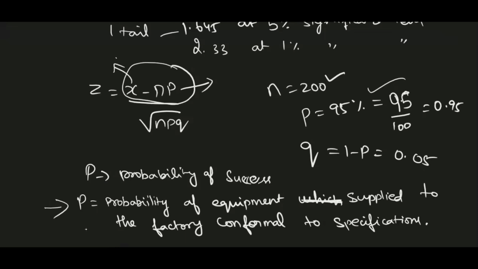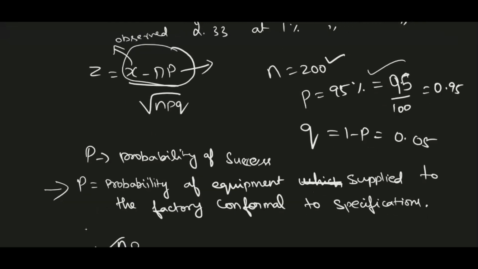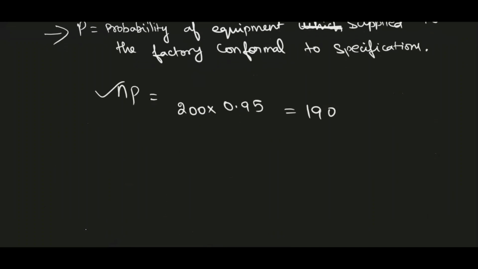Here x is what we actually observed. So np is 190 as per the calculation, and the expected number of equipments according to the specification needs to be 190. But what is the actual now? This is expected.